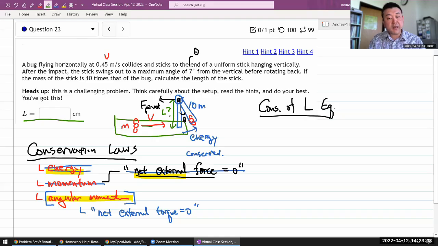This is hanging at rest. So any angular momentum I have is going to come from this bug. So let me call this snapshot 1. And I have the other snapshot where the bug will have collided with the stick, and they'll be both rotating together. I can call that my snapshot 2.